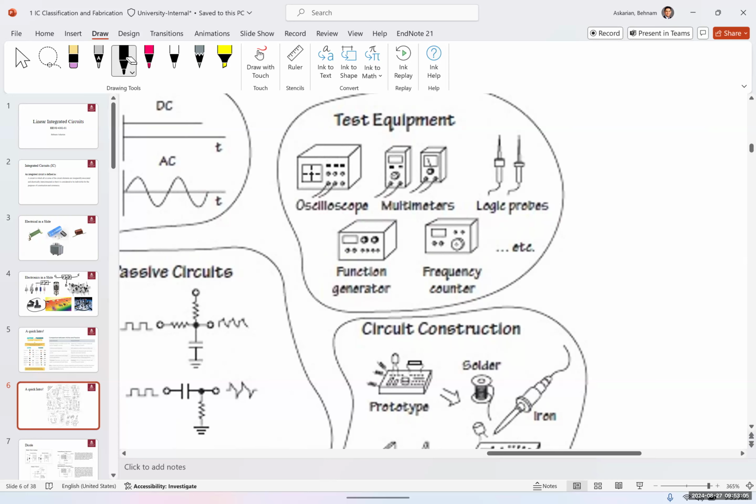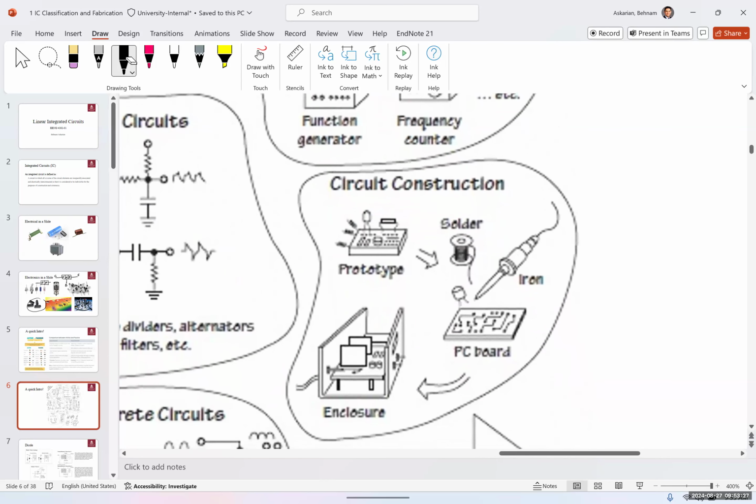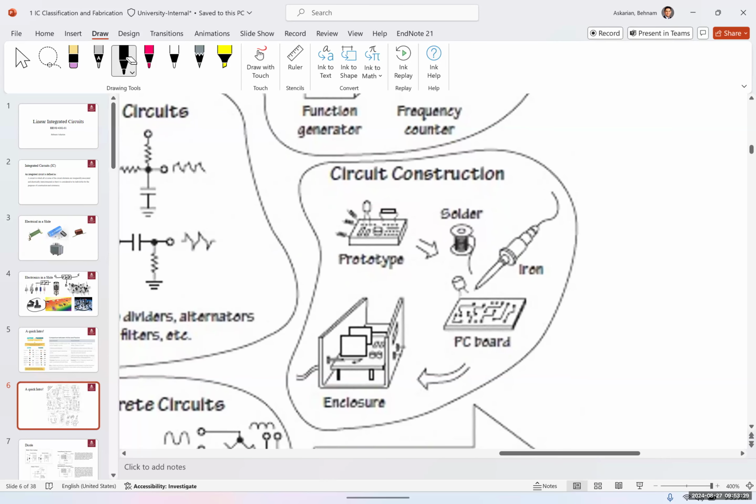Multimeters can also do AC, but they are mainly for DC measurements, like measuring current, voltage, resistance, capacitance, and so on. Function generators are used to generate AC signals mainly, and DC power supplies are for DC voltage. Frequency counters, again, are for measuring AC frequency.